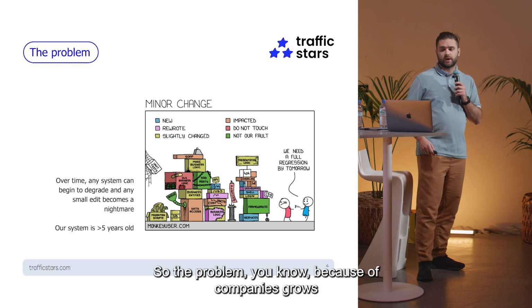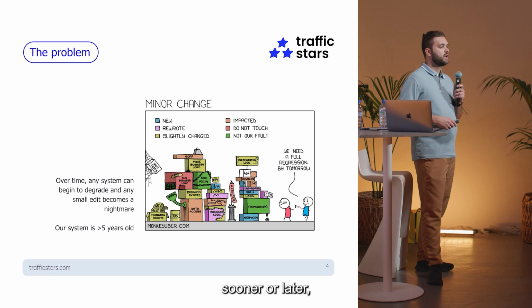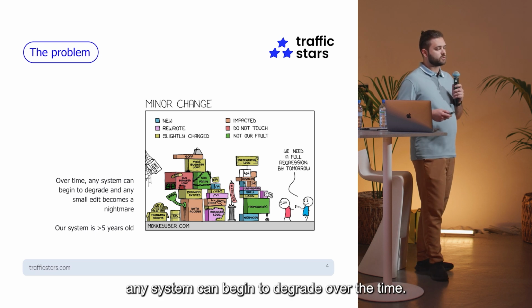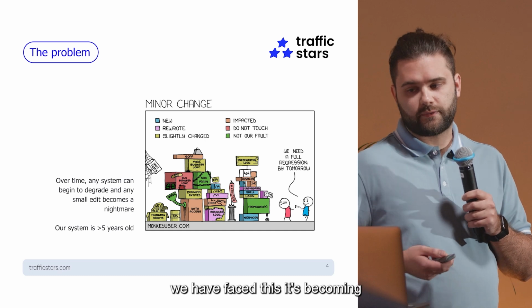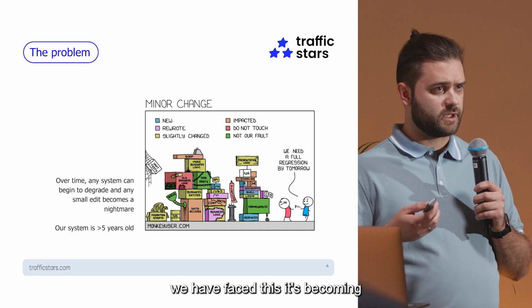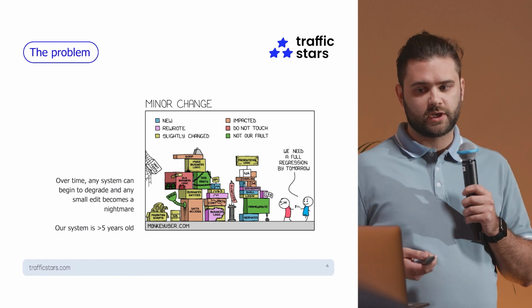So the problem: because of a company's growth, sooner or later any system can begin to degrade over time. In our situation, it's becoming more and more difficult to support business needs.